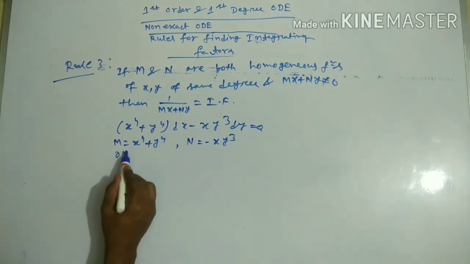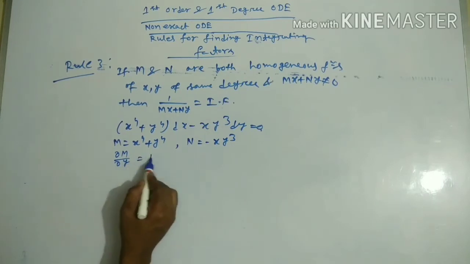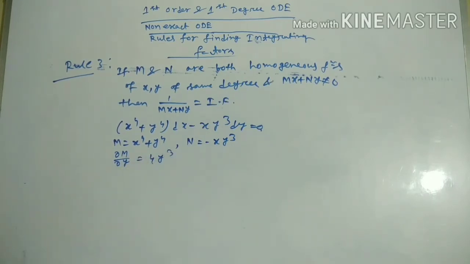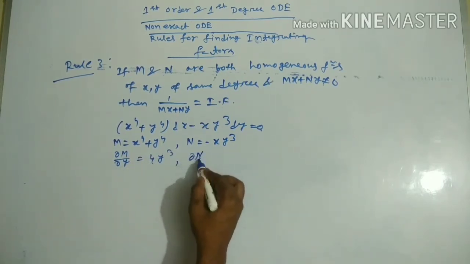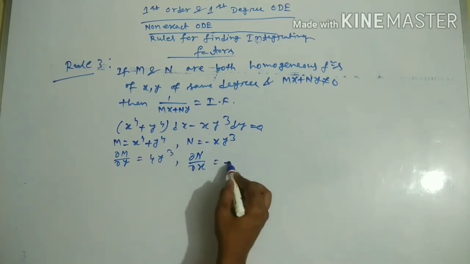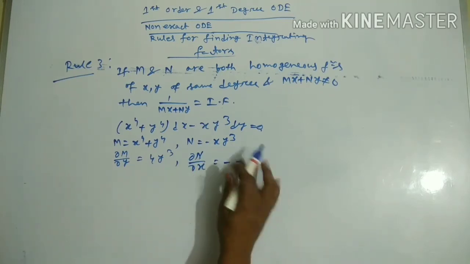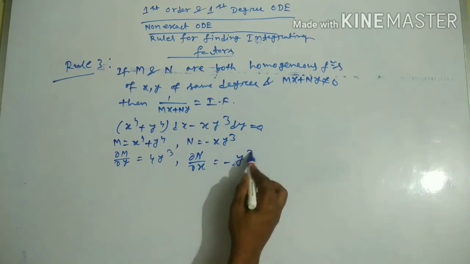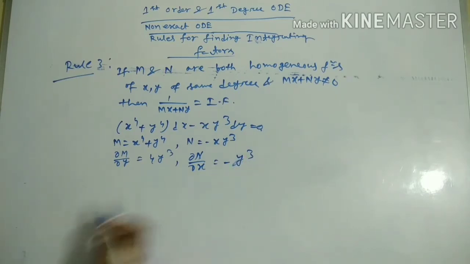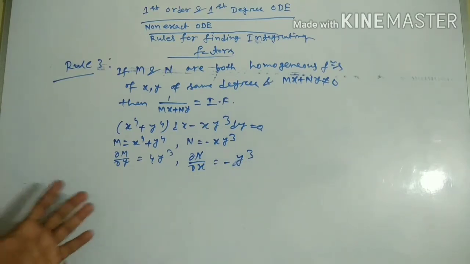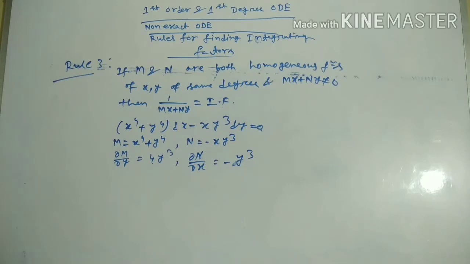Now del M del y will be 4y cube and del N del x is minus y cube. So these are not equal, so this equation is non-exact.